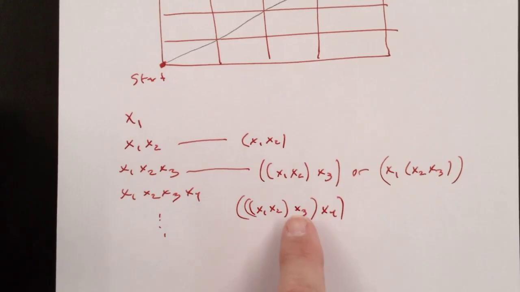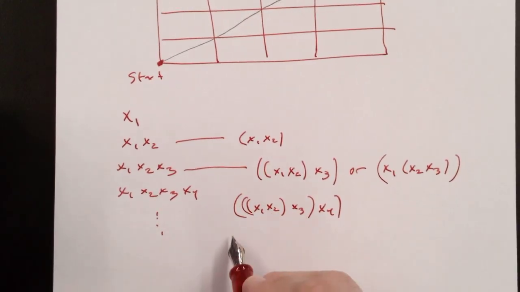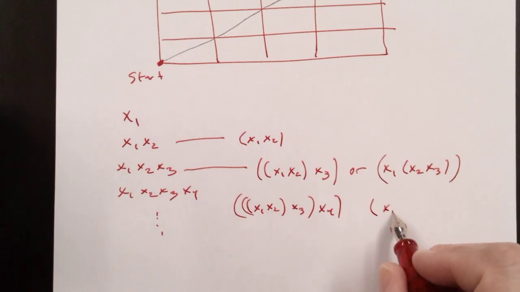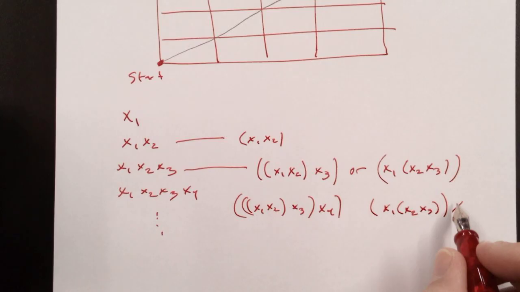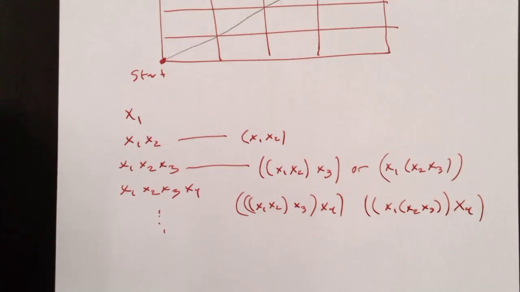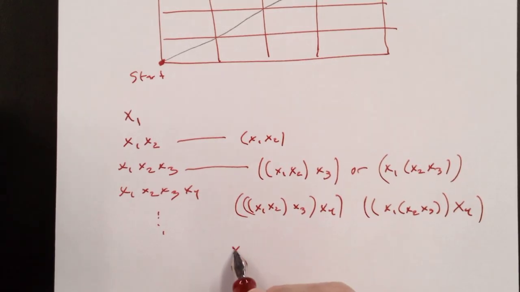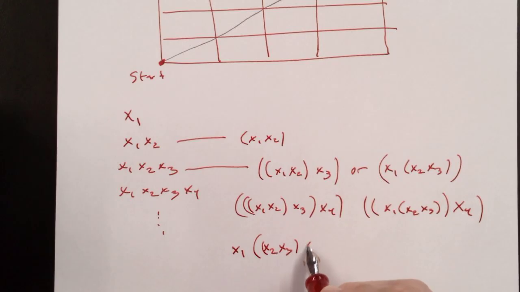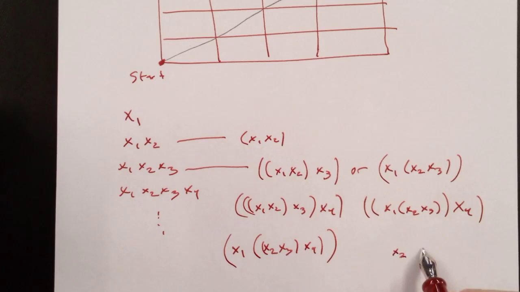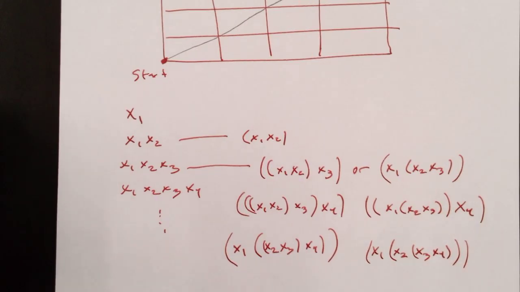But I could do this in two orders. So I could take this one and then do x4. Yes? Or I can do numbers 2, 3, and 4 first and then do x1. Right?